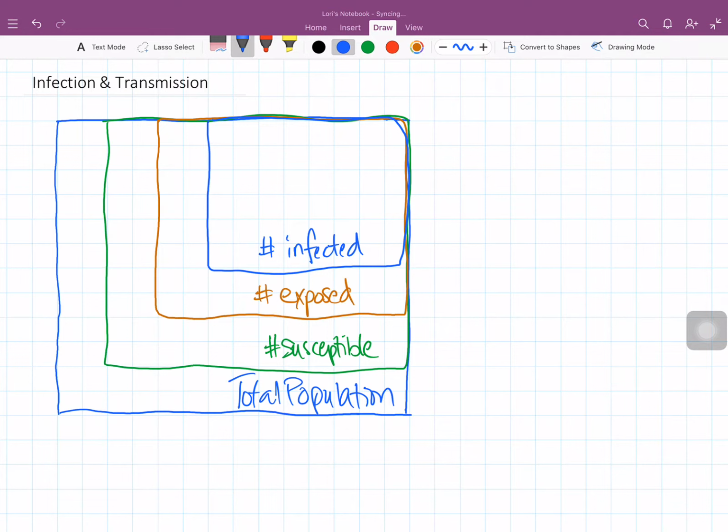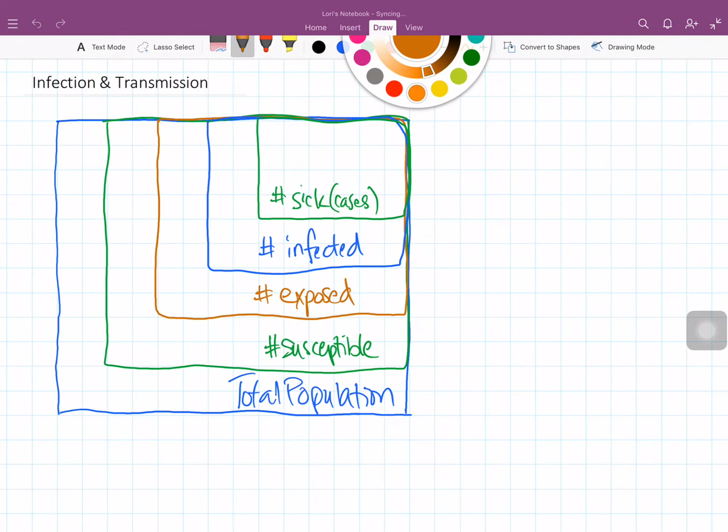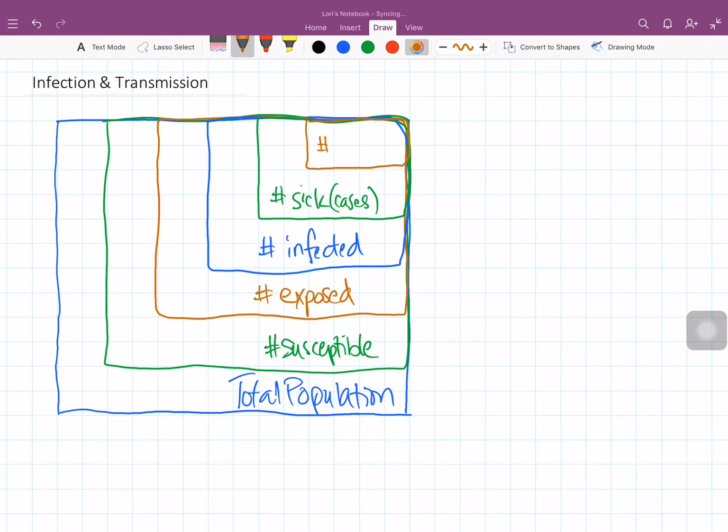And of those who are infected, there is only a subpopulation who gets sick. And so I'm going to draw another little subpopulation, so I'll say the number sick. And these are the ones that we call our cases. We'll come back to exactly what that means. And then there is a subpopulation of those who get sick who die. And so this is the severe cases, number who die.